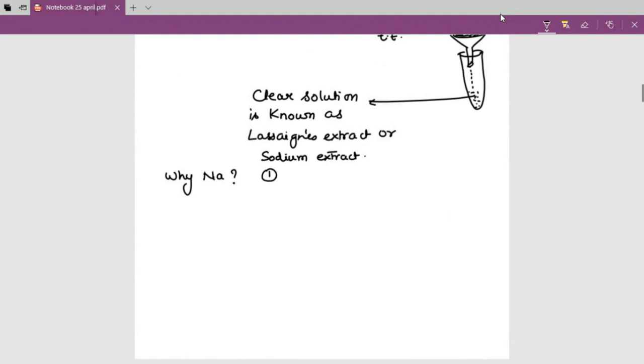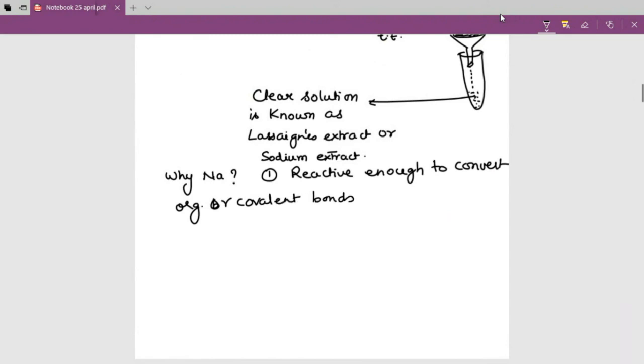First, it is reactive enough to convert organic or covalent bonds of elements into ionic bonds.